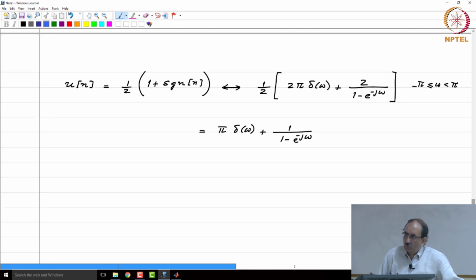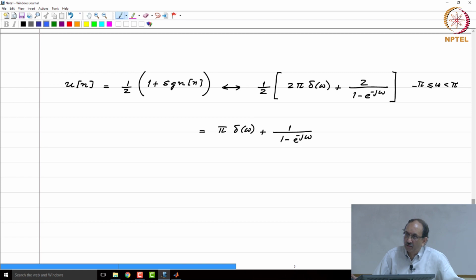Note that you could not have obtained the Fourier transform of u of n from the Z transform of u of n because no, you cannot replace Z by e to the j omega because the ROC does not contain the unit circle.